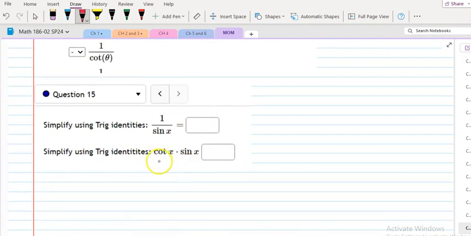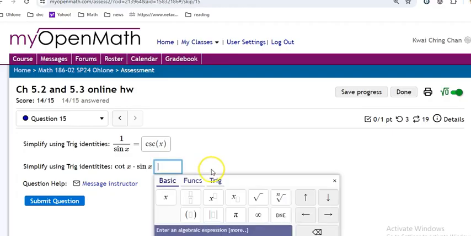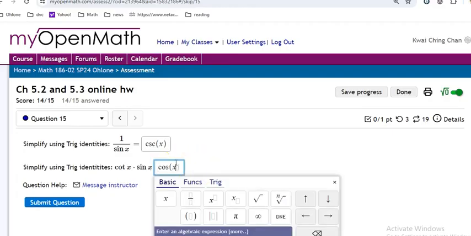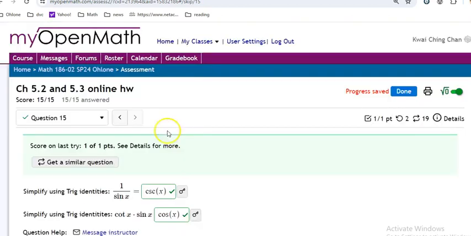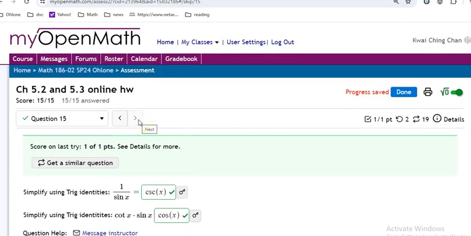Cotangent is cosine over sine, we can write it that way using the quotient identity, and then times sine. The sines cancel. So I hope I have cosine x. Okay, so that's the end of this online homework.